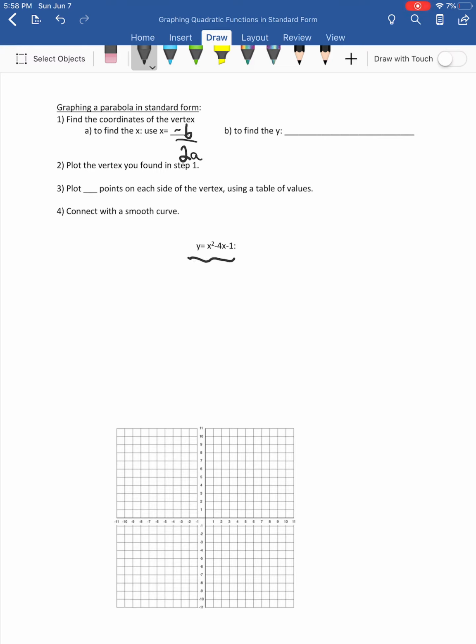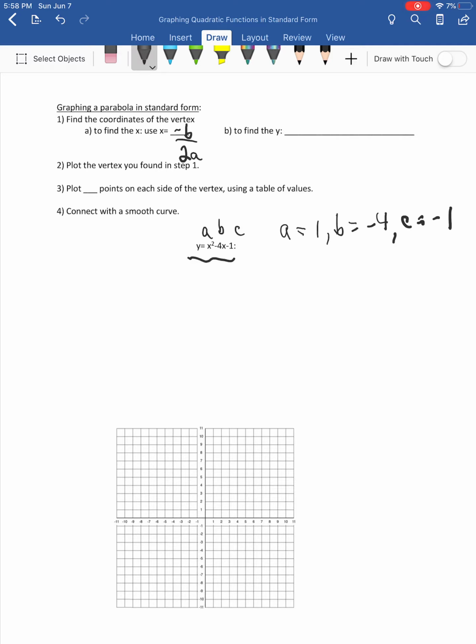In this example, remember a is over here, b is over here, c is over here. So a equals 1, b equals -4, and c is -1. It's helpful to write that out.